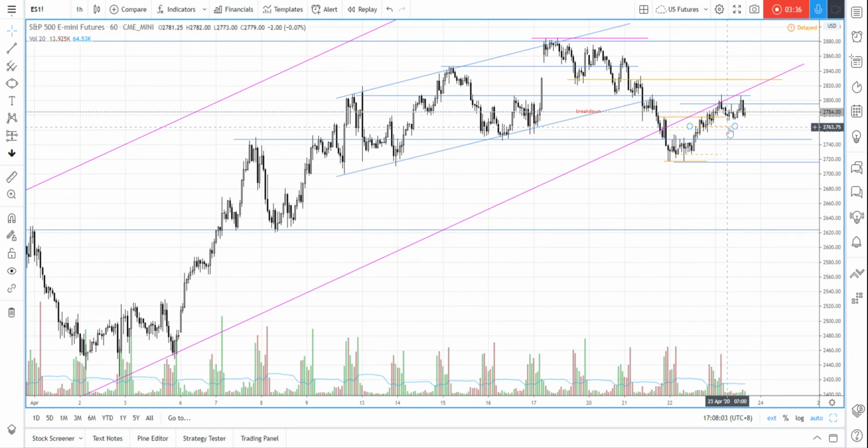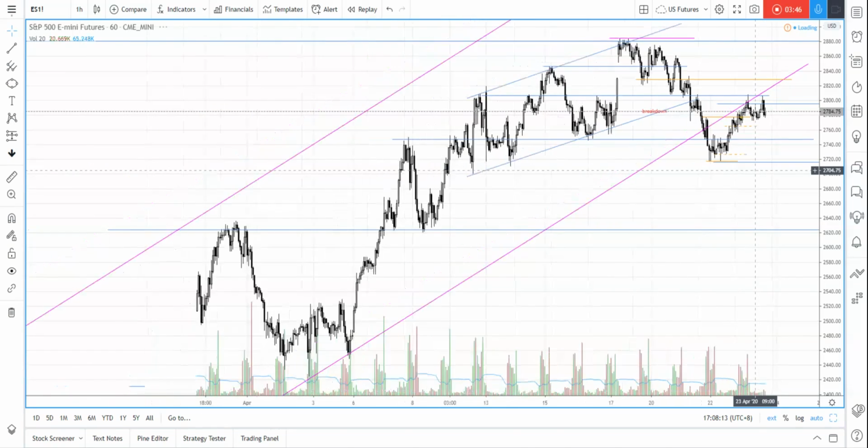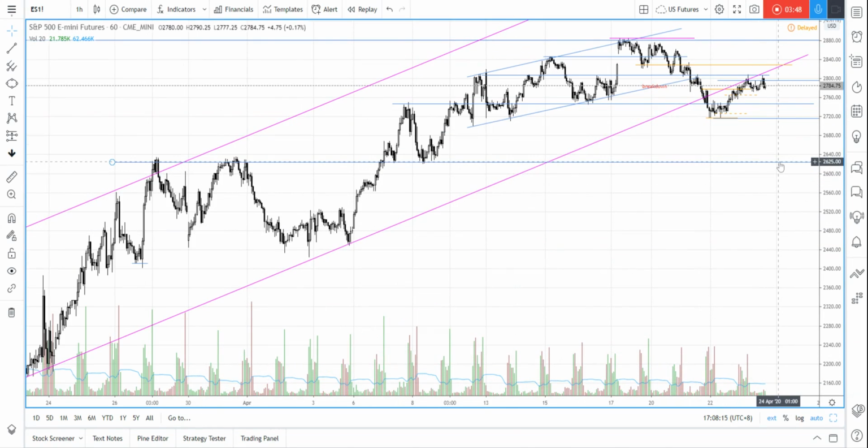So far I think once it breaks down to 2715, if this level gets taken out, I think we should see price reach around the 2625 level, which is a very important level to me, because I think this level is something like a last line of defense.